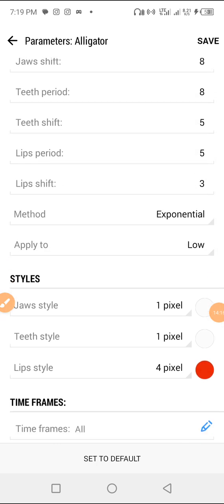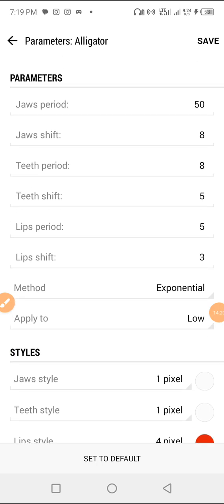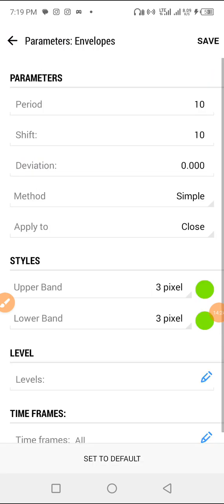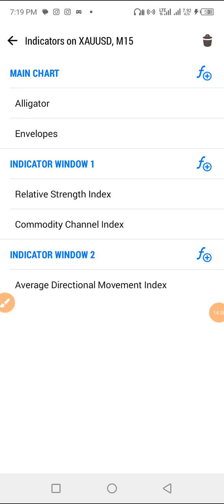You can see there's no level, screenshot. Then the envelope, which is the one we added this time around: period 10, shift 10, deviation 0.00. Make sure that the upper band and the lower band have the same color. Once you are through, you click on save or done.